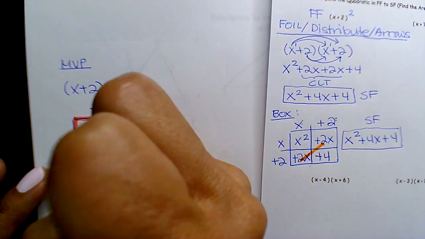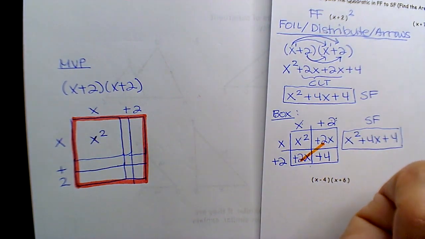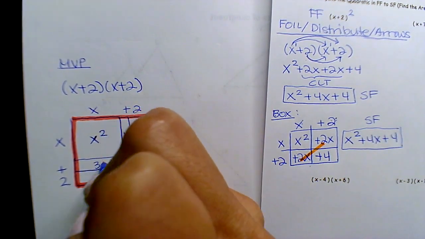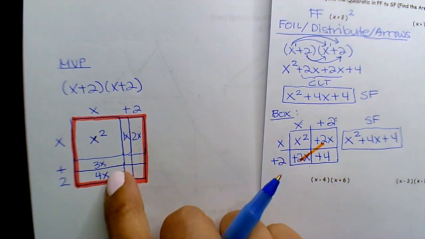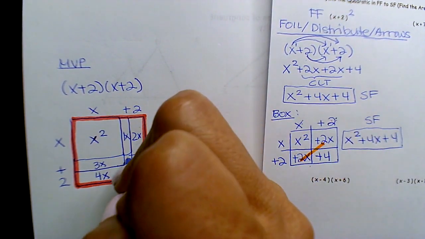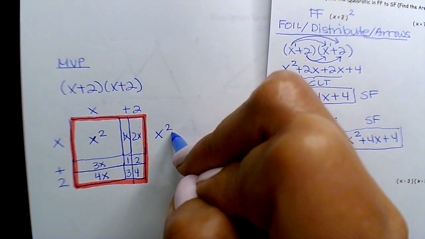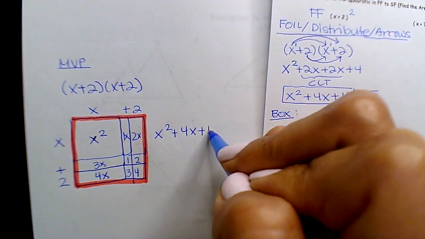And so look, this is your x squared. The big one is your x squared. Your rectangles are 1x, 2x, 3x, 4x. I have 4 rectangles, and then I have 4 little squares. And so what does that give you? X squared plus 4x plus 4.